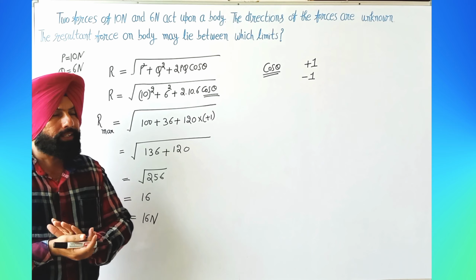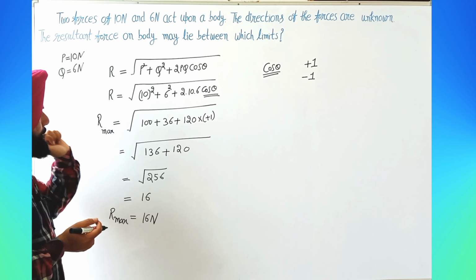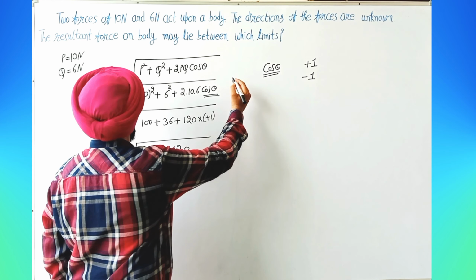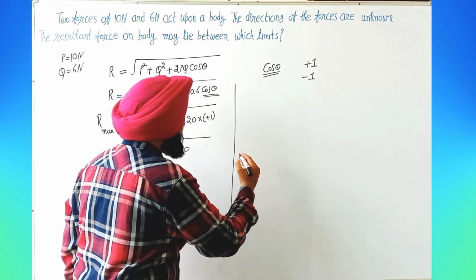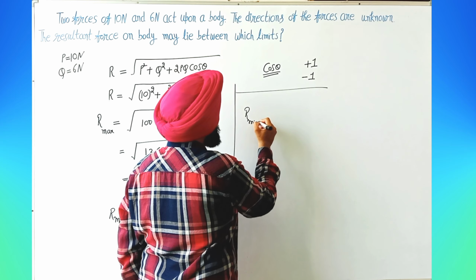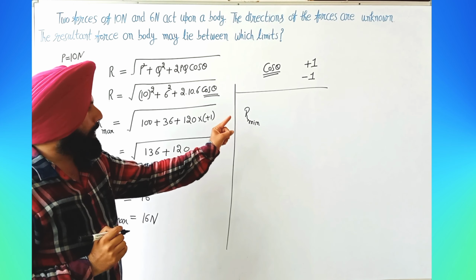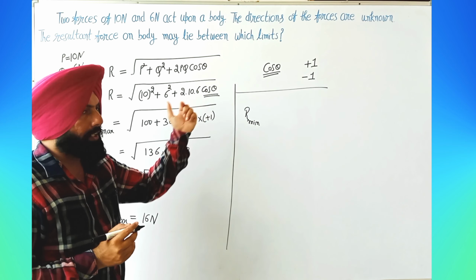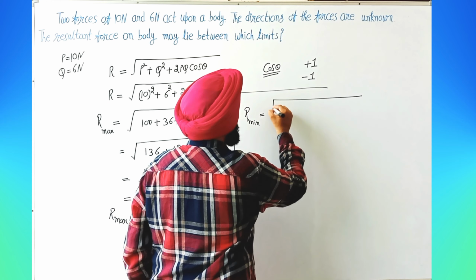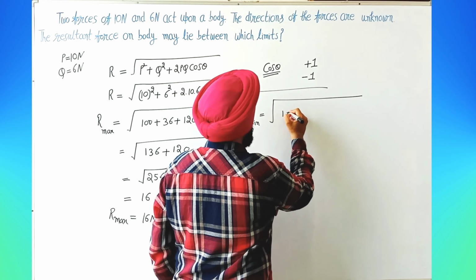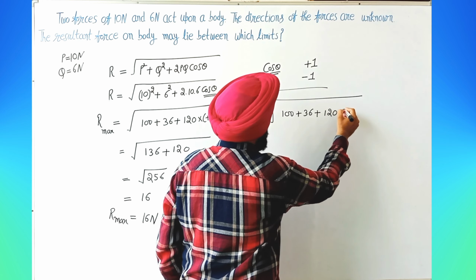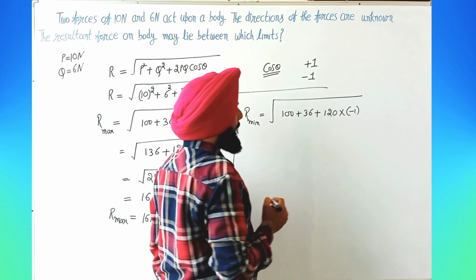On the other hand, students, resultant will be minimum when cos theta is minus 1. So in the second case, R minimum, resultant will be minimum when cos theta having value minus 1. So in this case, again 100 plus 36 plus 120 multiplied by minus 1.